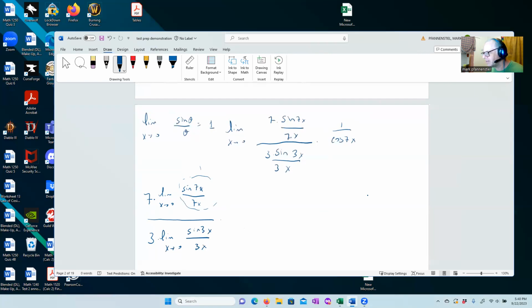And don't think I forgot about the cosine over here. It's 1 over cosine of 7x, but when x goes to 0, this cosine is just going to be 1. So 7 over 3, those things don't have x's in them, so the limit is just the constant. What we end up with is 7 over 3.